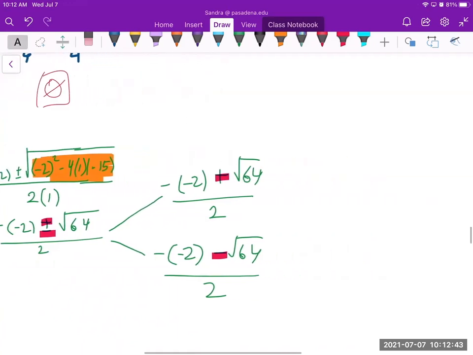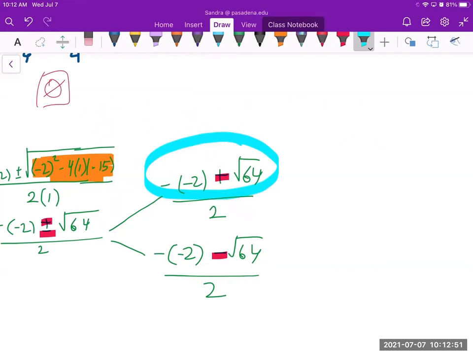Now we will input the numerator, so make sure you're following this. Go ahead and input this first into your calculator. When you do, you're supposed to get 10.